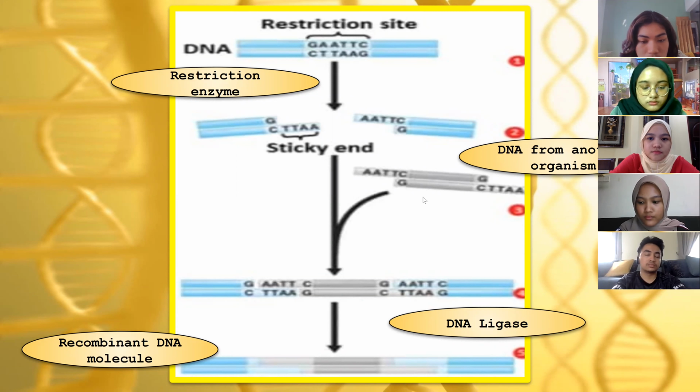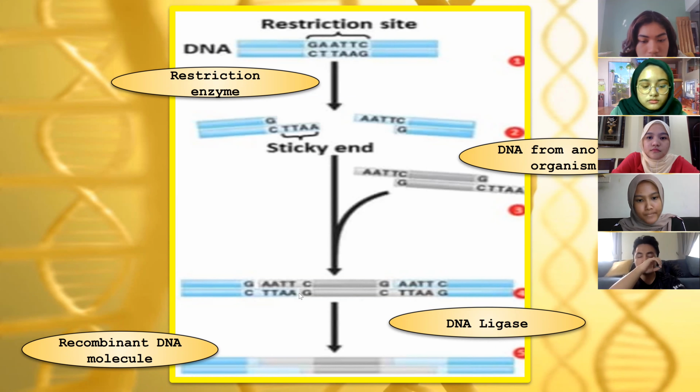This is important because using the same restriction enzyme means you get the same sticky ends. So here is DNA from one organism and DNA from a different organism, but with the same sticky ends. Now these fragments are going to stick together because of complementary base pairing. This sticky end is complementary to this sticky end, and this one is complementary to that one. So they naturally came together.